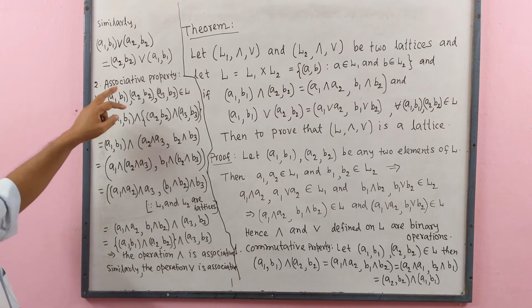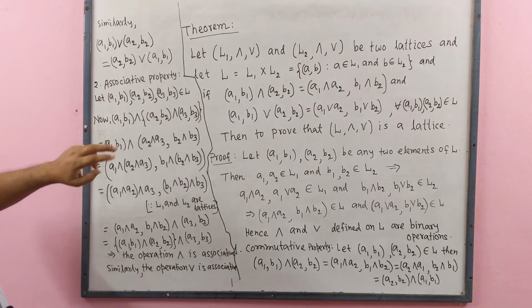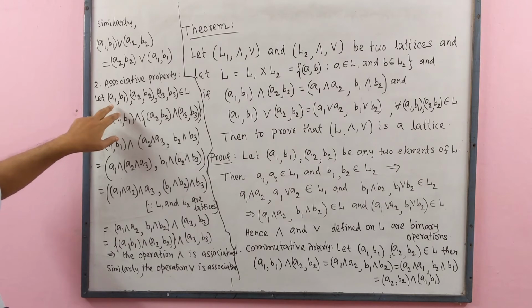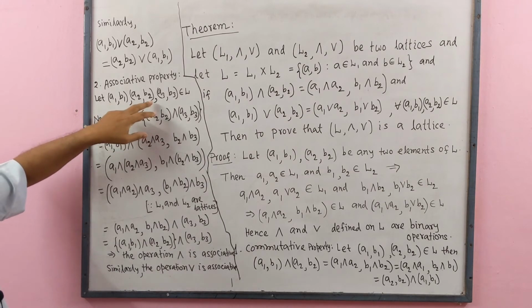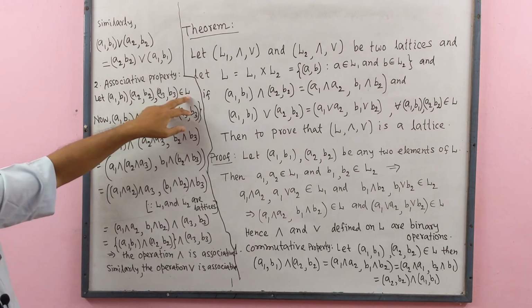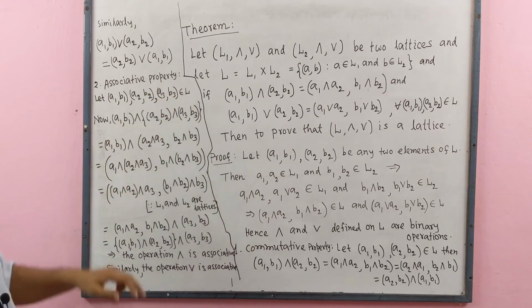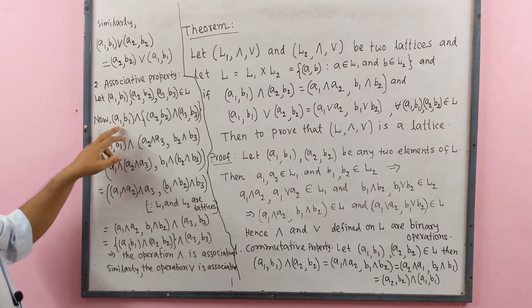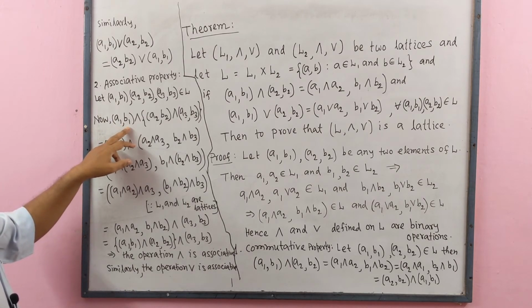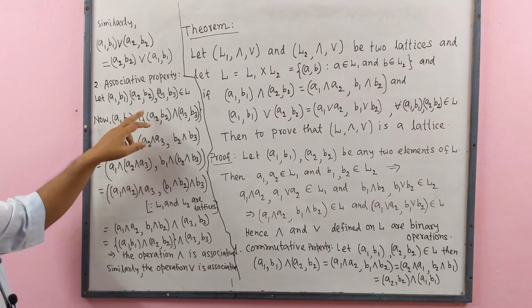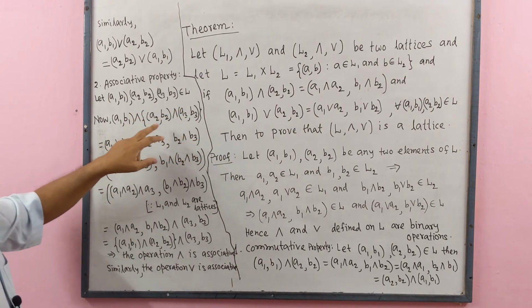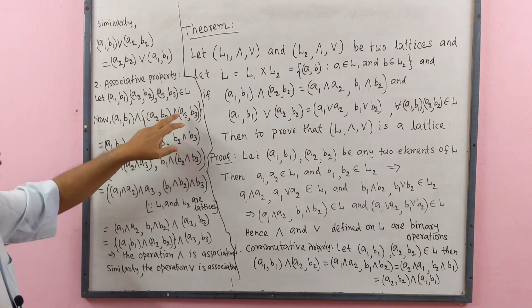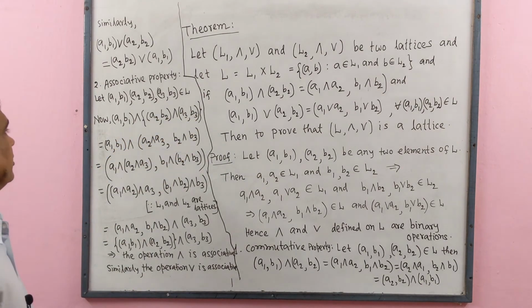Now we see the associative property. Let ordered pairs (A1, B1), (A2, B2), (A3, B3) belong to L. Now we take (A1, B1) meet [(A2, B2) meet (A3, B3)].